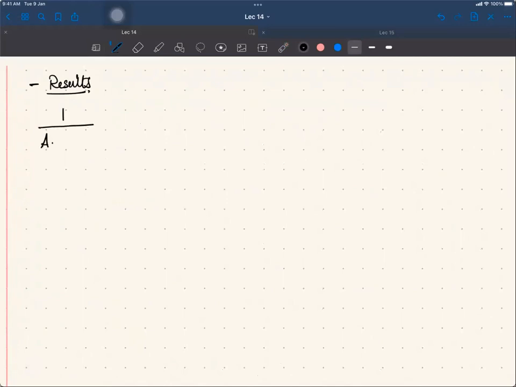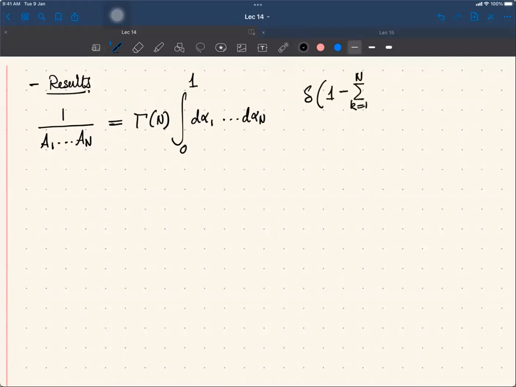One over a1 to an, the inverse of the product of n complex numbers, is given by gamma n times the integral d alpha 1 to d alpha n from 0 to 1, Dirac delta of 1 minus the sum over k equal to 1 to n of alpha k, divided by (alpha 1 a1 plus ... plus alpha n an) to the power n. Let me call this the first result.